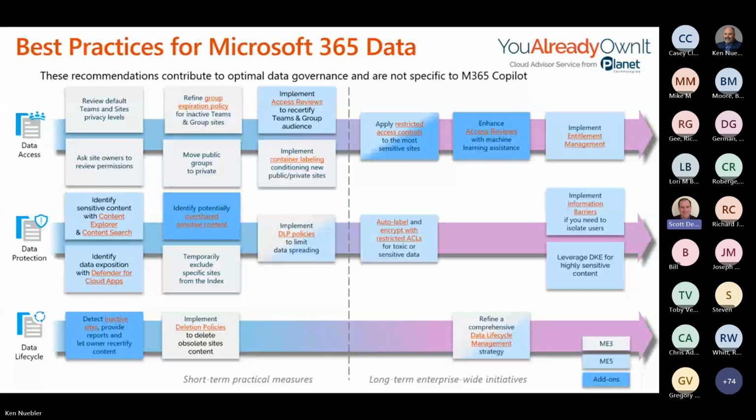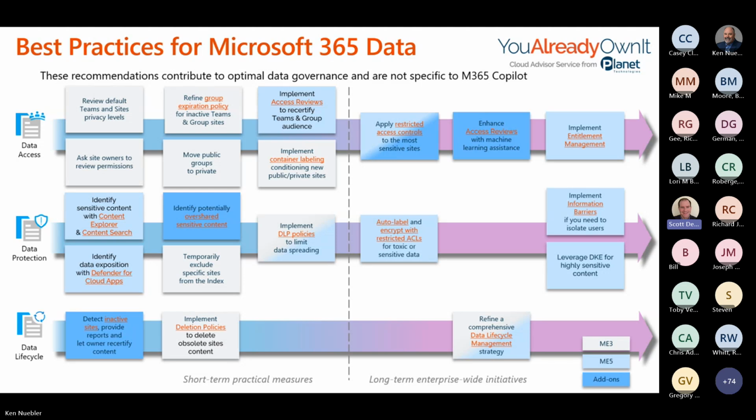How do I set these from a strategy perspective? So if you think about it, what we want to start with is really a lot of the capabilities that we've set here on the right-hand side of the screen, whether we're identifying sensitive content with Content Explorer and permissions, setting privacy levels on sites and team channels, making sure that we're limiting overshared sensitive content and ultimately implementing DLP policies.